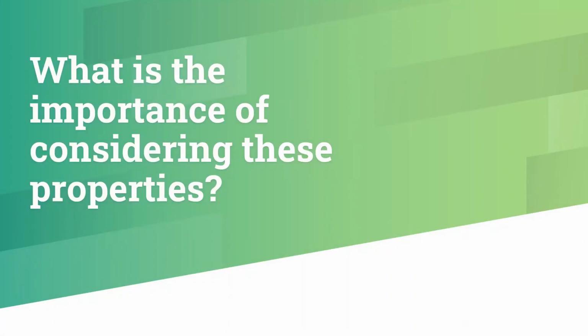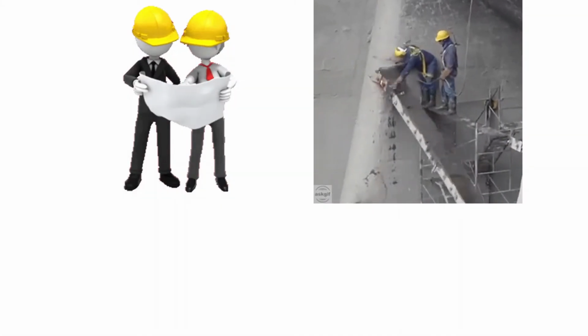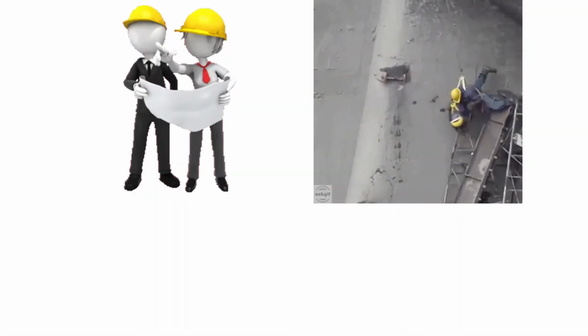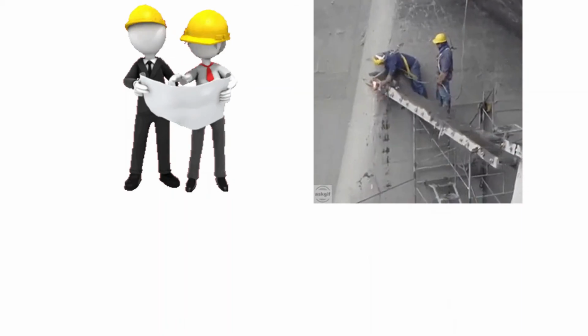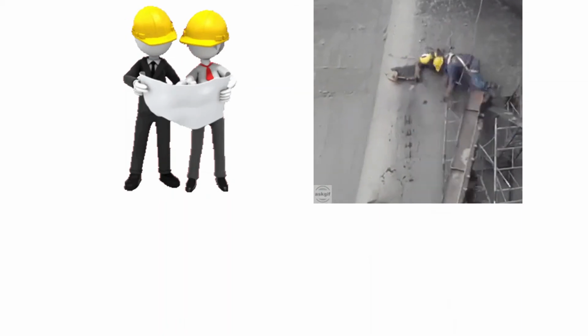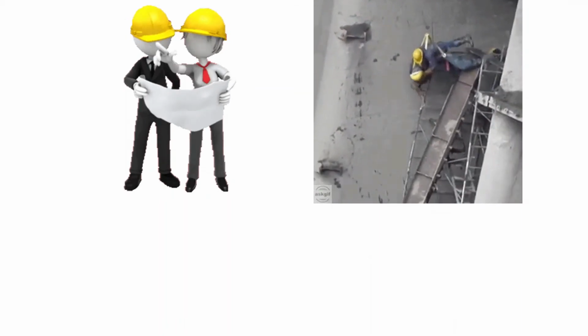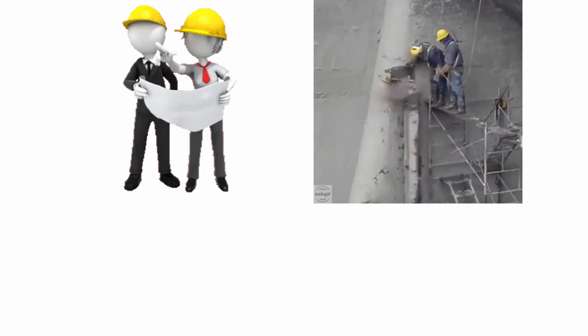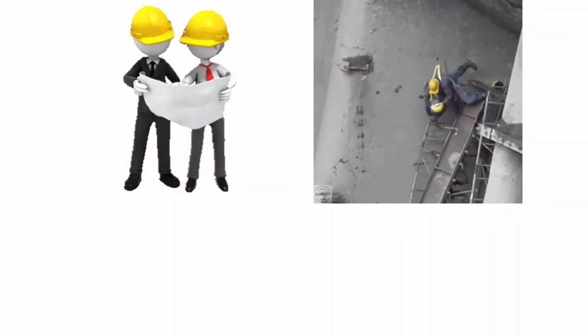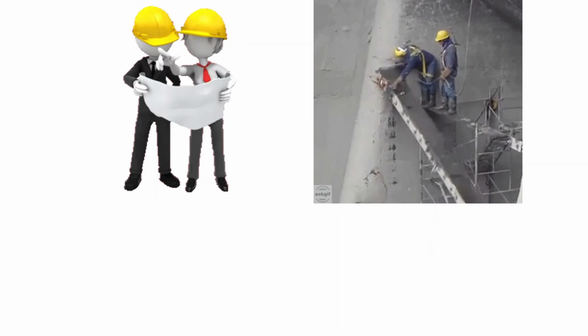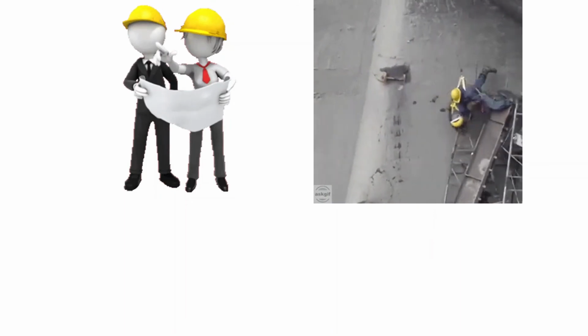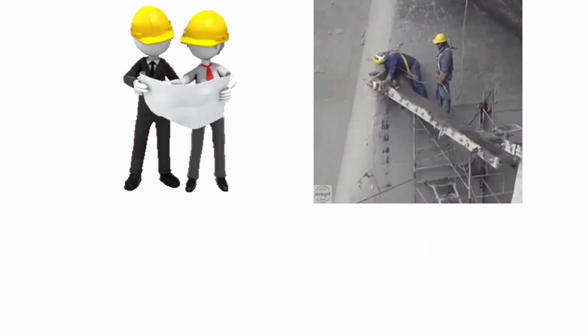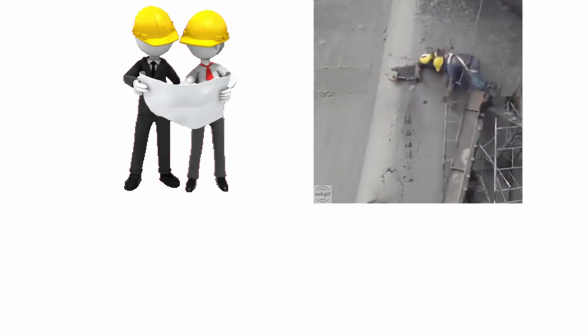What is the importance of considering these properties? So as a designer, we need to make certain that the part will not break or hindi siya magpa-permanently deform. So, kailangan nating mag-design ng casting for stress levels below the yield strength.